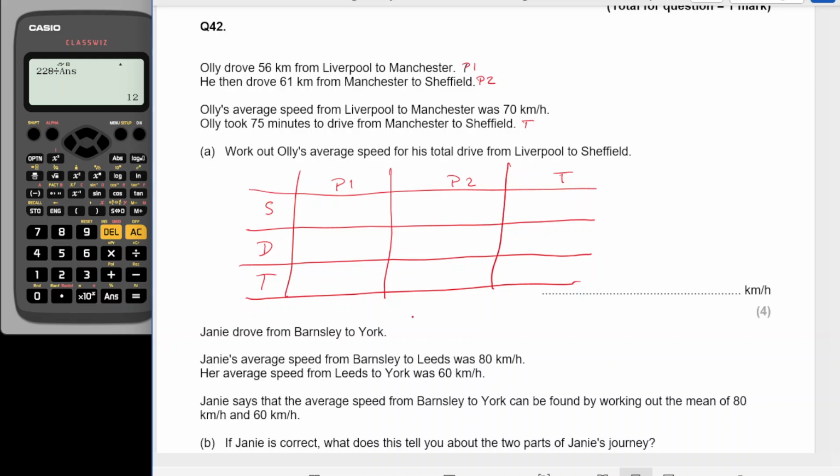So part 1 of his journey: 56 kilometers, so distance 56 kilometers. Part 2 is 61 kilometers. And average speed from Liverpool to Manchester, that's part 1, was, and I've got my total in the wrong place there, that's my total.